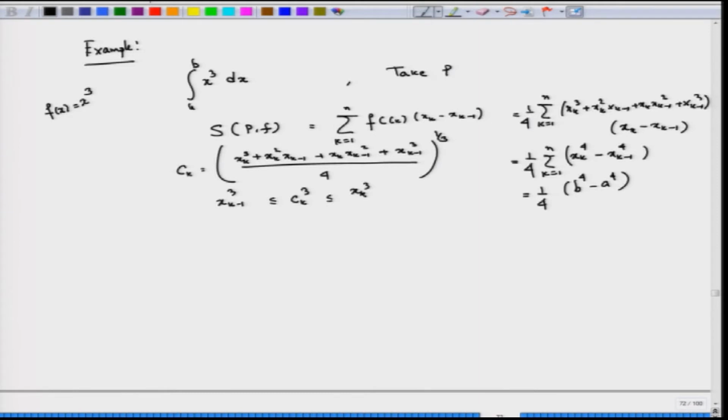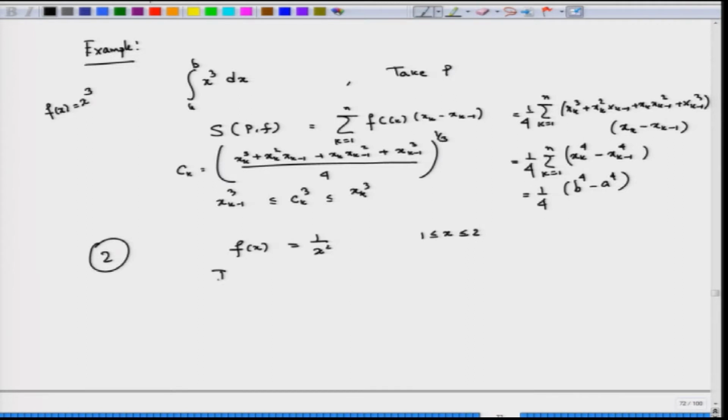Okay. Now, another interesting example: let us find out the integral from 1 to 2 of dx by x square. We do not know yet whether it exists. So, rather the question is: take f of x equal to 1 by x square when 1 is less than or equal to x less than or equal to 2.